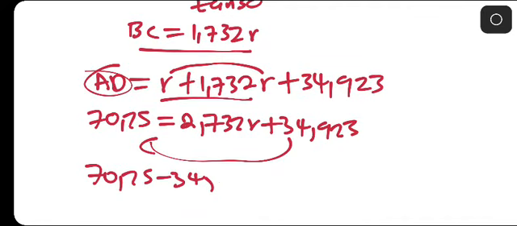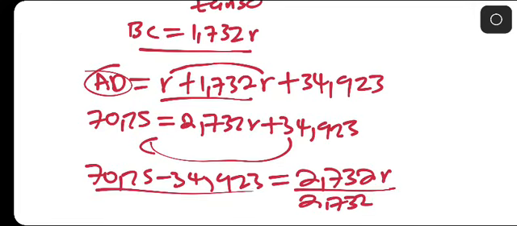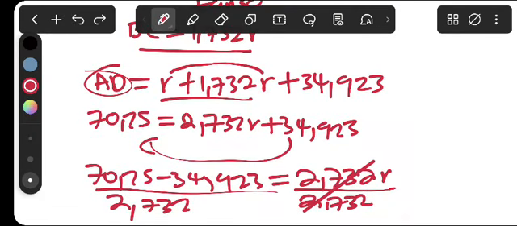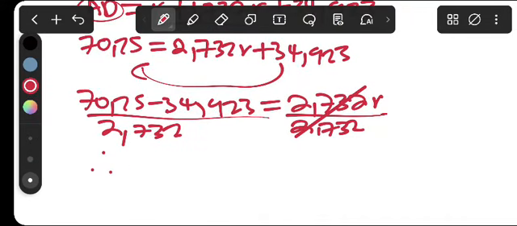Then we have 2.732 R. Then I divide by this both sides. This will cancel, and we'll be left with R. Therefore R, I will punch this.